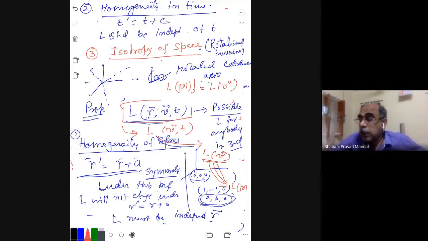Okay, so conclusion after the three properties of a free particle system. Free particle system is homogeneous in space, homogeneous in time, and isotropic in space.